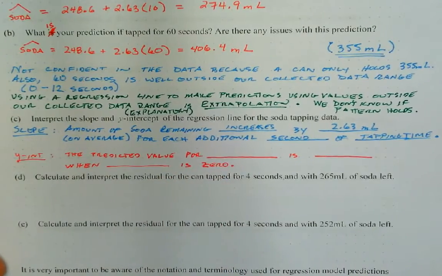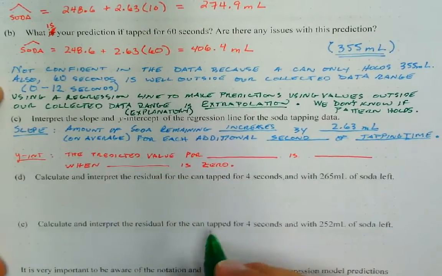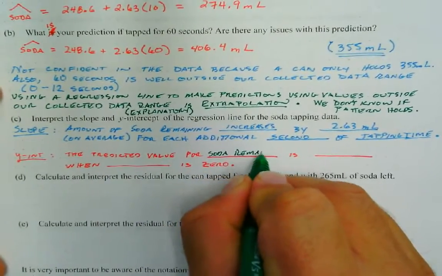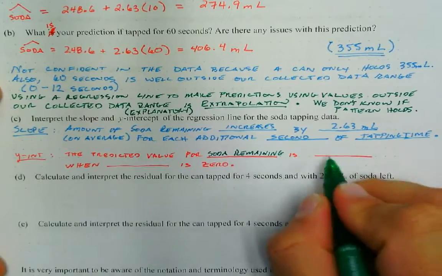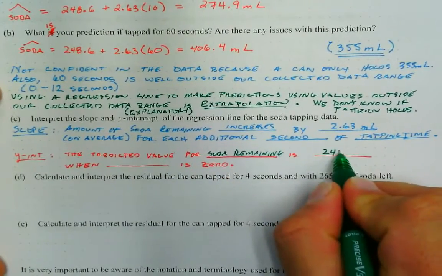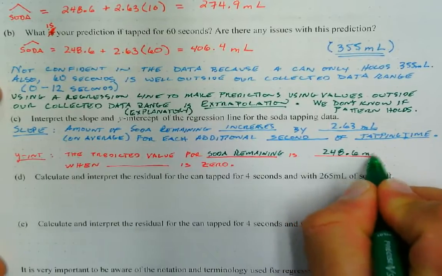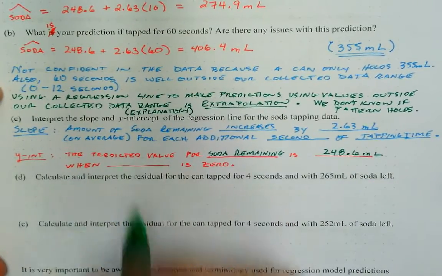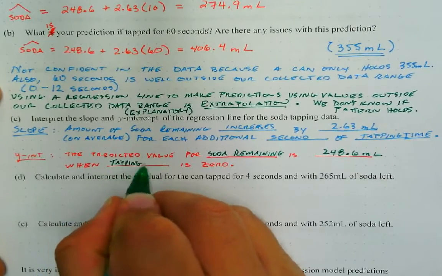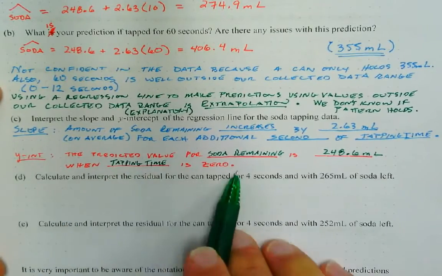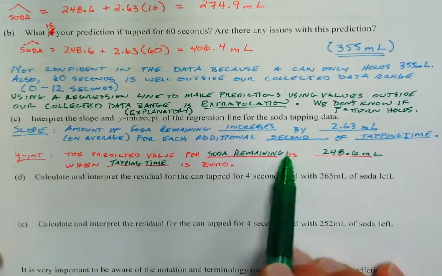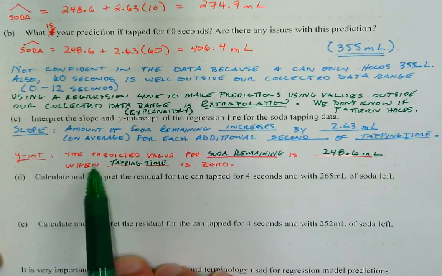So in other words, for this situation, we would say the predicted value for soda remaining is 248.6 milliliters when tapping time is 0.